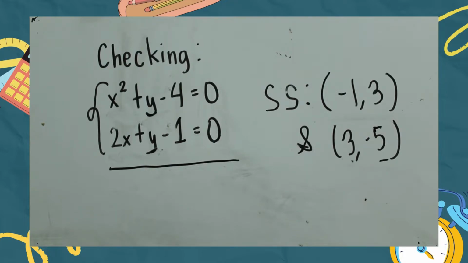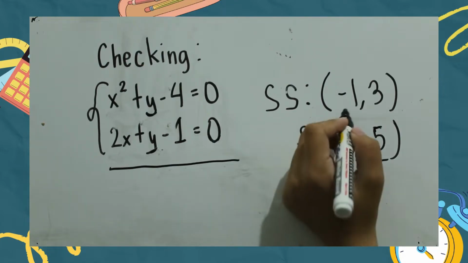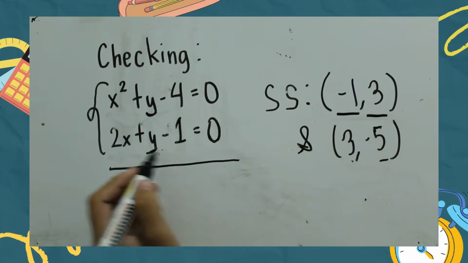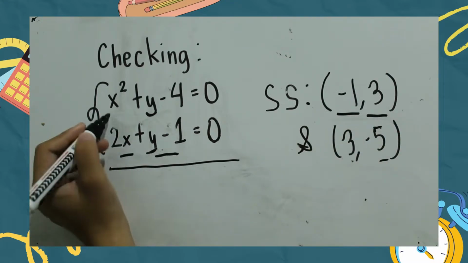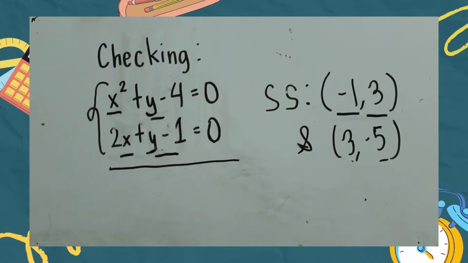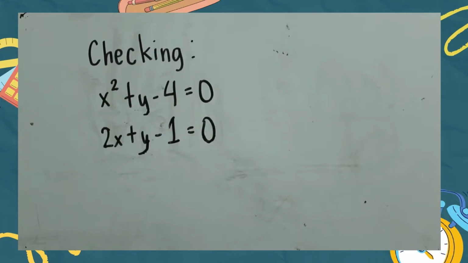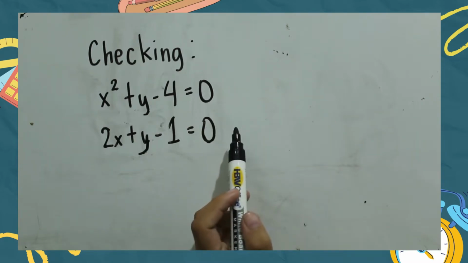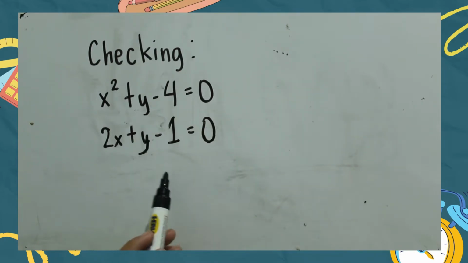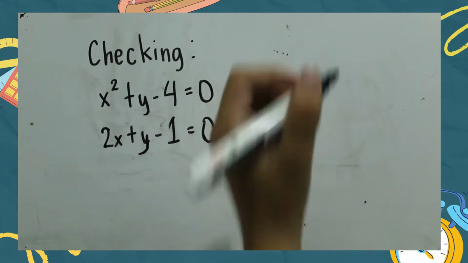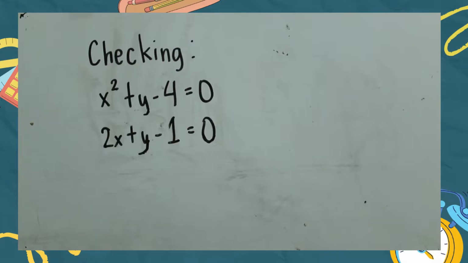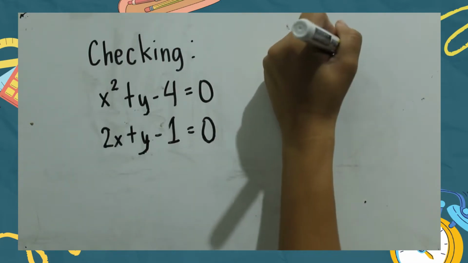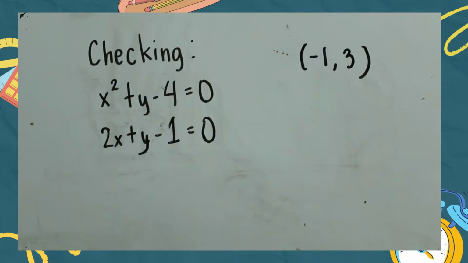So first, we will substitute the values of negative 1 and 3 into these two equations. So we have here x squared plus y minus 4 is equal to 0, and 2x plus y minus 1 is equal to 0. Now, if the values of x and y of these two equations is equal to our first solution set, which is negative 1 and 3, then we will do that.